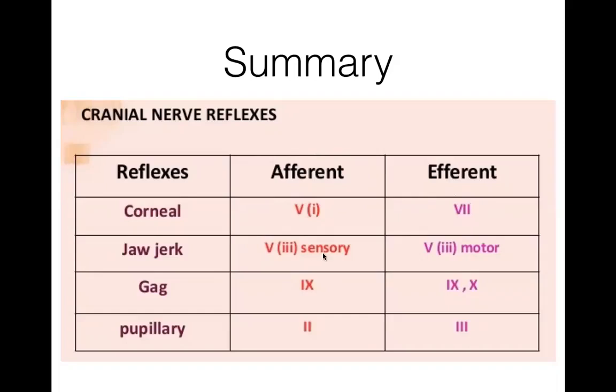For the jaw jerk, it's trigeminal and trigeminal. Gag, the afferent is number 9, and the efferent includes number 9 and number 10. And pupillary, the afferent is cranial nerve number 2, and its efferent is cranial nerve number 3.